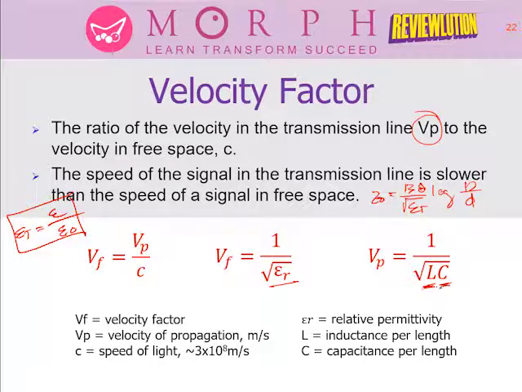Because if square root of L and C yung binigay, alam natin na 1 over the square root of that LC is equal to your Vp. And once you have the Vp, i-divide natin yung ng c, you get the velocity factor. And once you have the velocity factor, obviously you can find the ER or even the square root of ER kaagad, no? 1 over the velocity factor, yun na yung square root of ER na ilalagay natin dito, no? So we can still solve for the Z0 even if the relative permittivity of the material is not really provided.